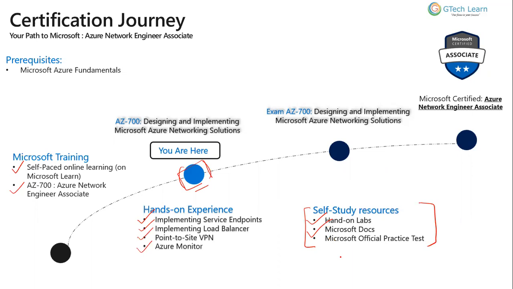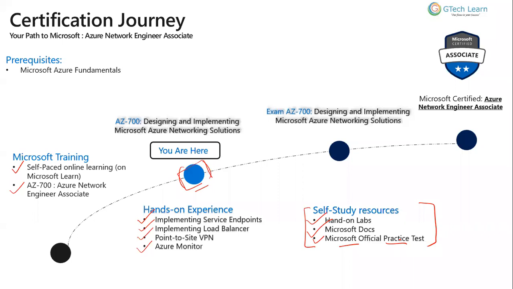Or else, if you want to prepare with exam practice before that, you can utilize the Microsoft official practice test, in which you can practice for the examination and see how the questions appear in the examination.